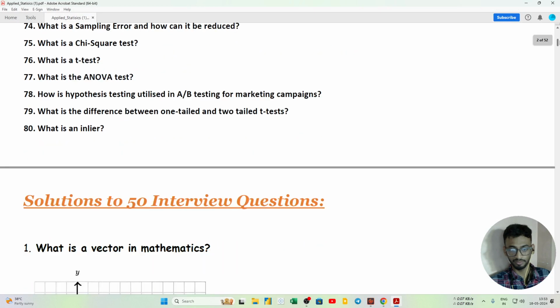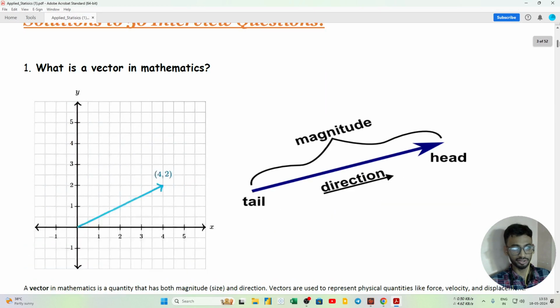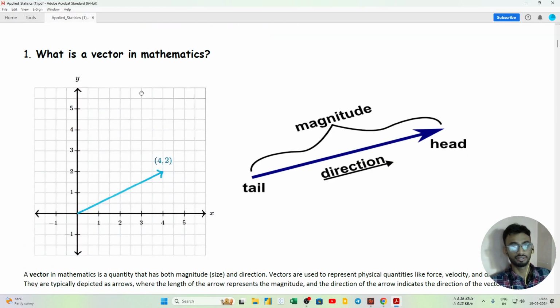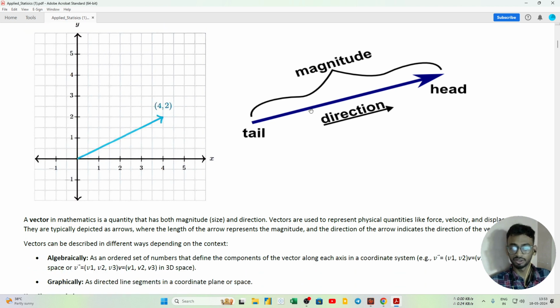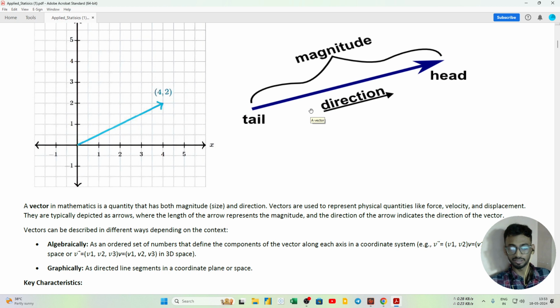So my first question is, what is a vector in mathematics? A vector in mathematics is a quantity that has both magnitude and direction. Vectors are used to represent physical quantities like force, velocity, and displacement.